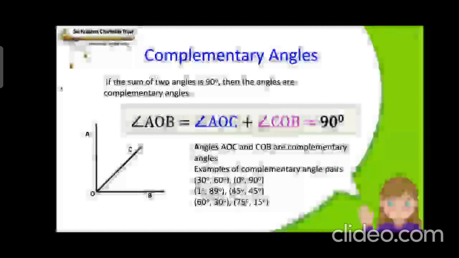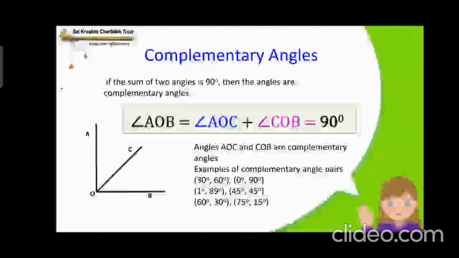Let's look at a few examples like 30 degrees and 60 degrees. When you add 30 plus 60, what is it? We get 90 degrees and it is a complementary angle. 0 degree and 90 degree. When you add 0 and 90, you get 90, right? So it represents a complementary angle. Did you all get it, children?